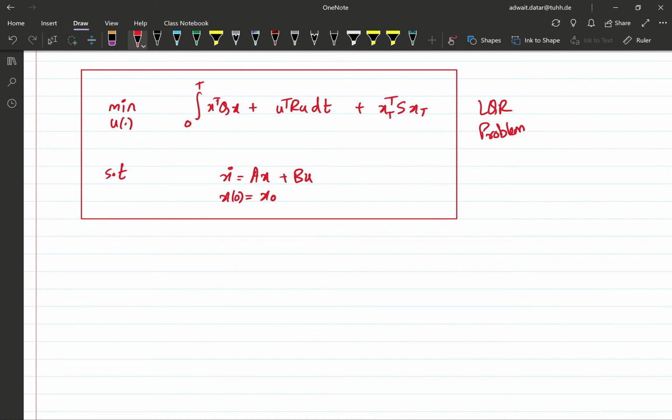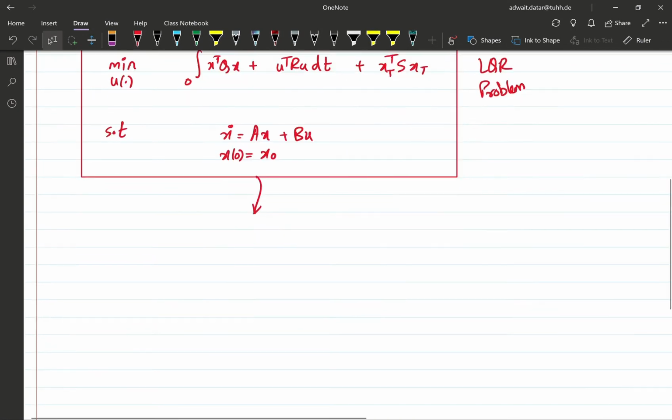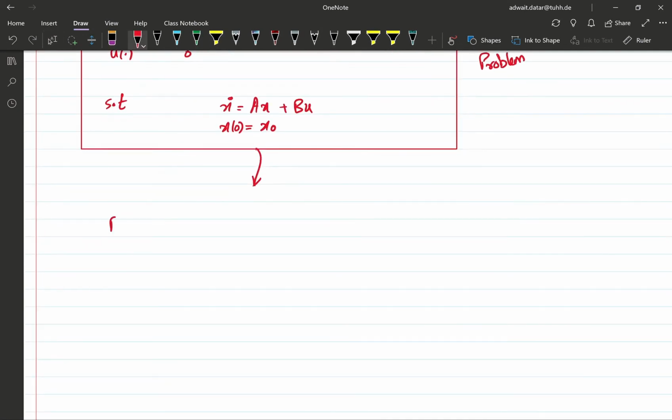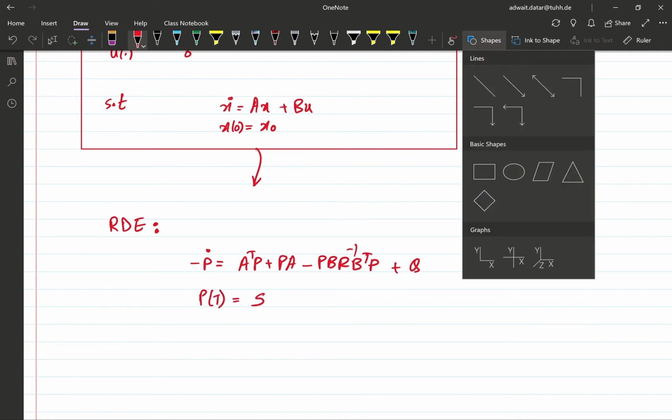We saw that we could solve this problem by solving the Riccati differential equation with this boundary condition.